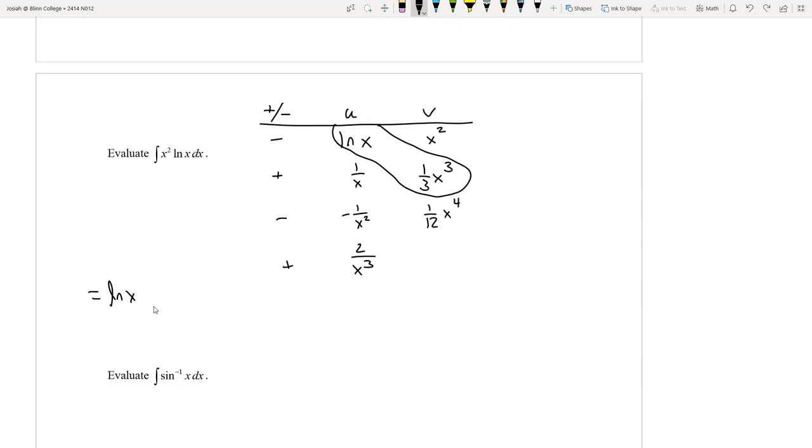I'll go ahead and rearrange that. Minus 1 over 12 x to the third, if we multiply those together. We need another one here. We'll go ahead and take the integral. We got 1 over 60 x to the fifth.